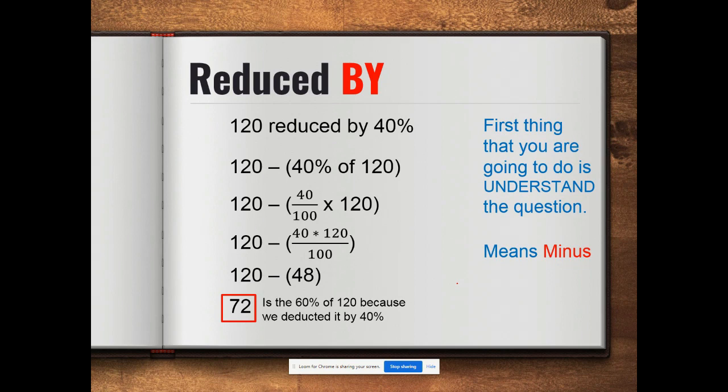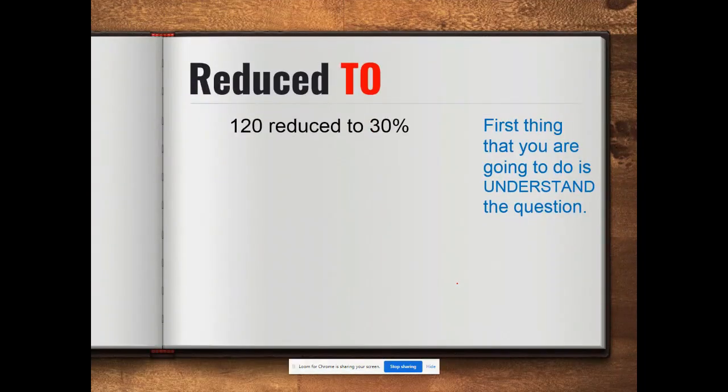Now, try to understand this one. Pause the video because you're going to use it later. Now let's go to reduced to. 120 reduced to 30%. Of course, you need to understand the question. And the word is "to". It means going to be blank percent.